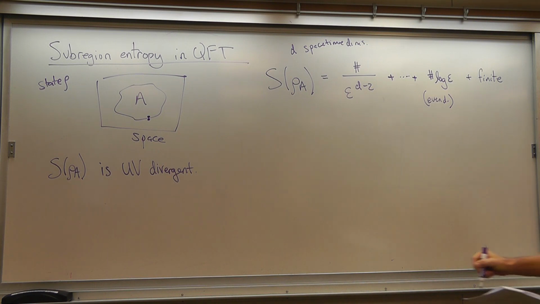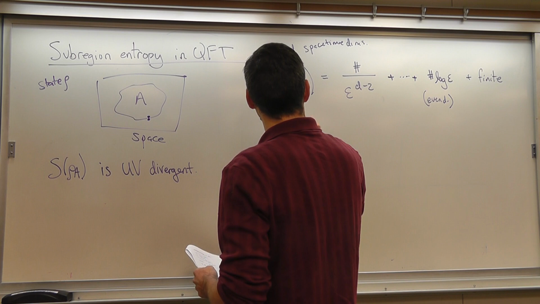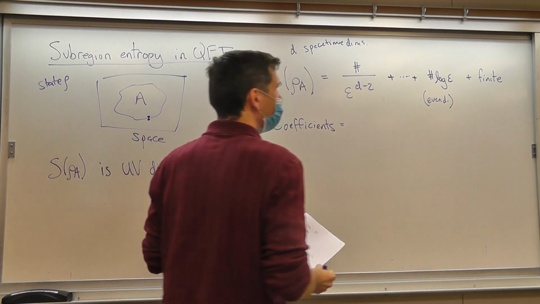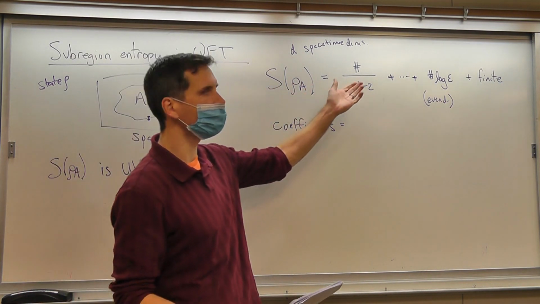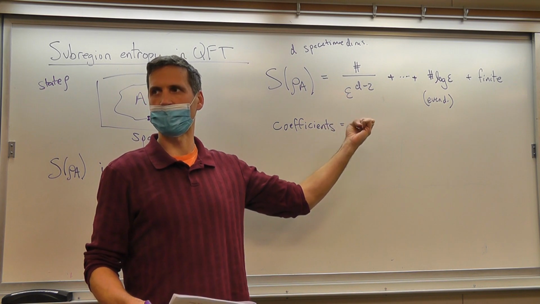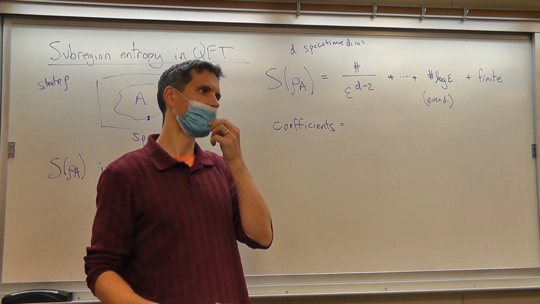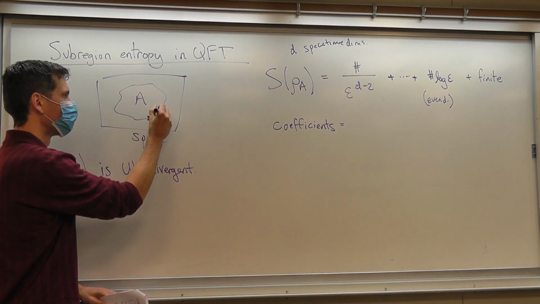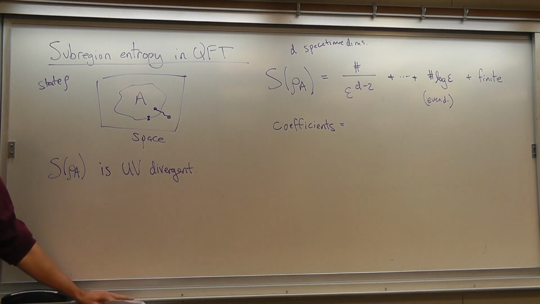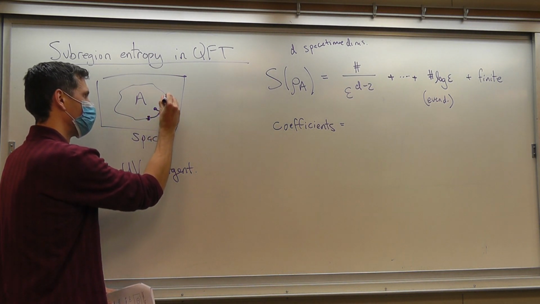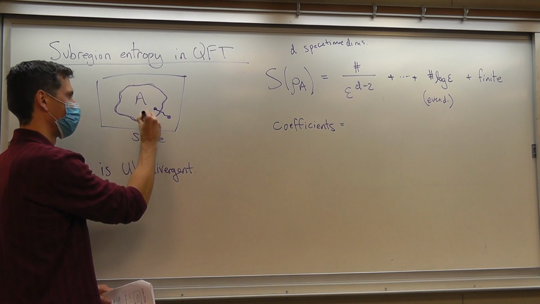The coefficients of the divergent terms have to come from UV physics. Like, nothing about the infrared can influence the divergent terms, because any kind of long distance stuff is not going to contribute to the infinite part. The infinite part is completely about the physics infinitesimally close to the dividing surface.